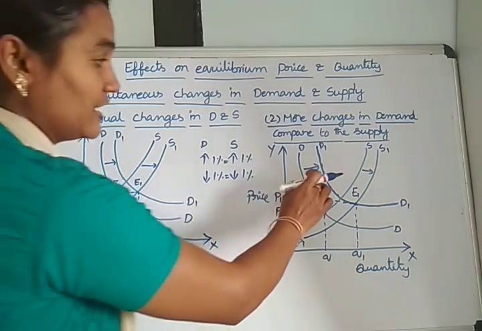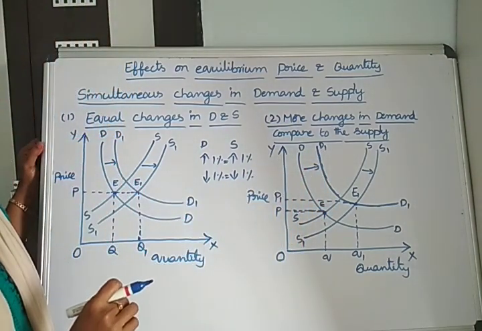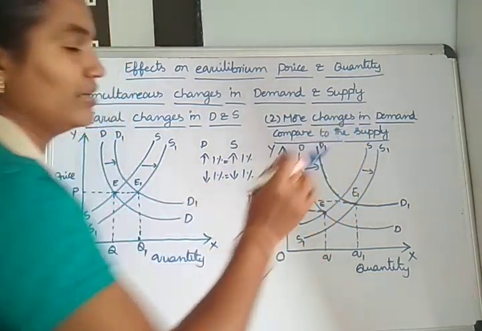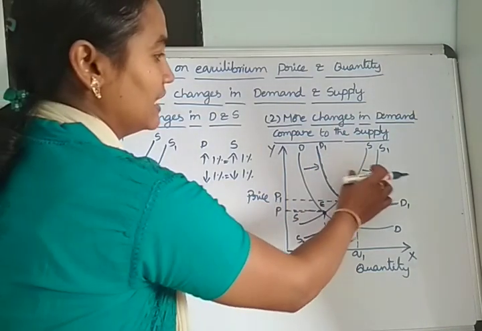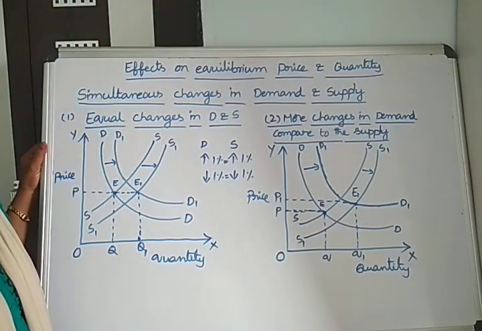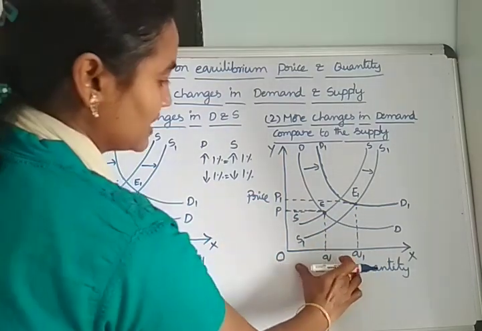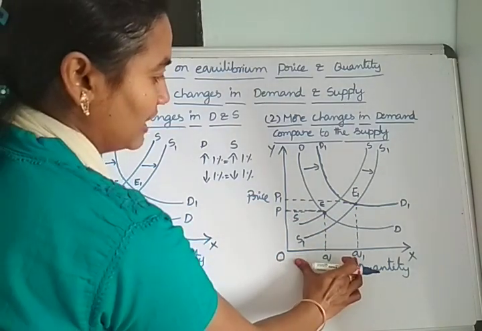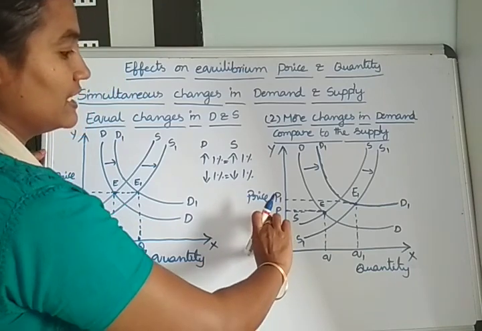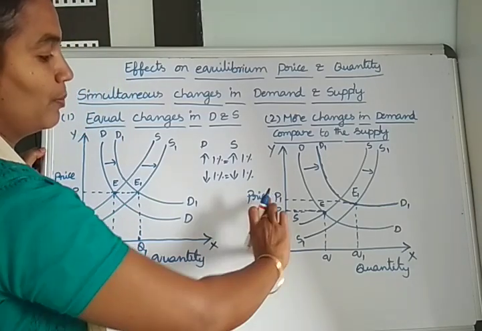If there are more changes in quantity demanded and less changes in supply, then equilibrium is at E1. Equilibrium quantity increases from OQ to OQ1, and price increases from OP to OP1.